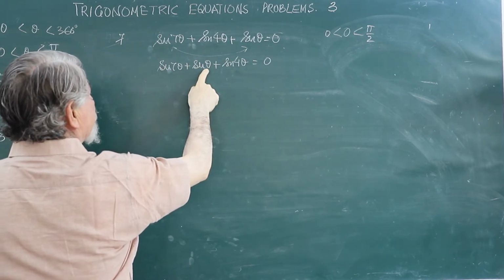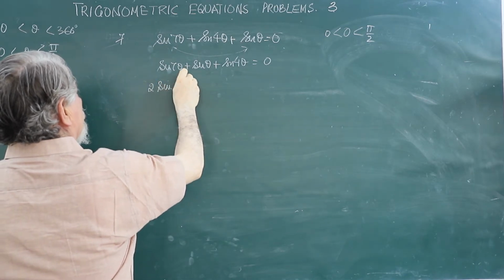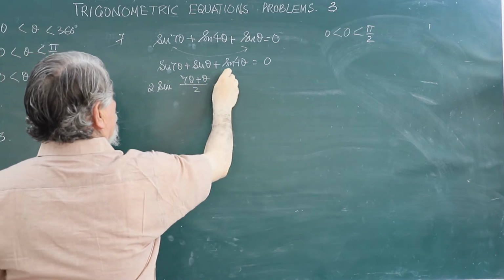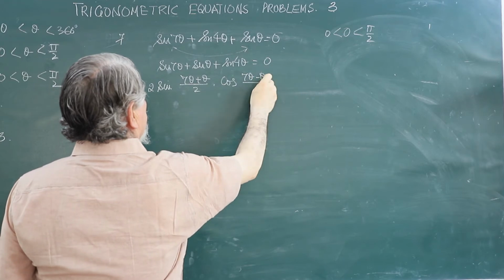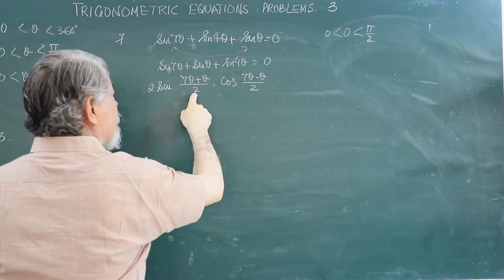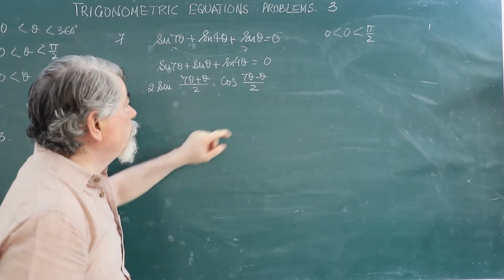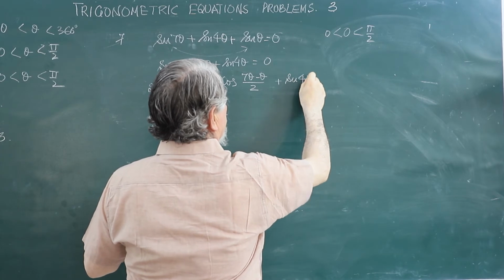How? Sine C plus sine D is 2 sine C plus D upon 2 cos C minus D upon 2. So 2 sine C plus D upon 2, plus sine 4 theta.